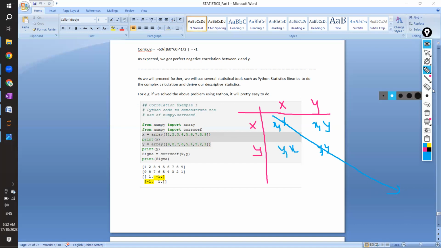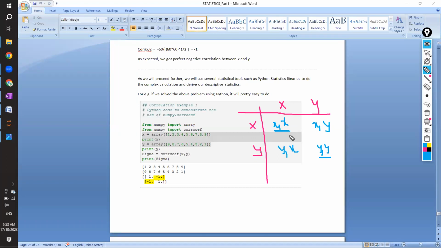That means here you are checking X with X, and Y with Y. If you had one more column Z, you would have Z comma Z. So the diagonal will be the correlation between the same column.